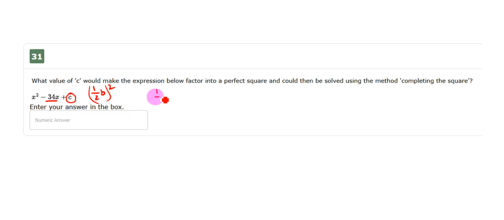So half of negative 34 is negative 17, and so we're going to square that. And I don't know what 17 squared is off the top of my head. Is it 289? Yes, 289. So if c were 289, that's the step there of completing the square.